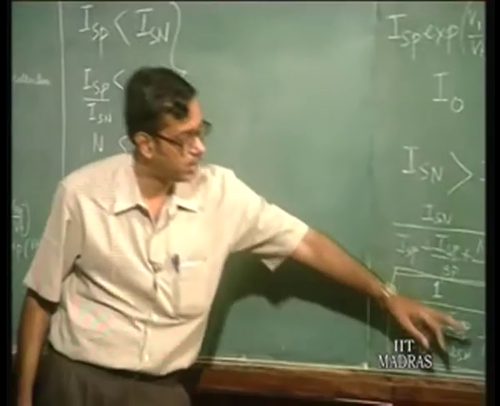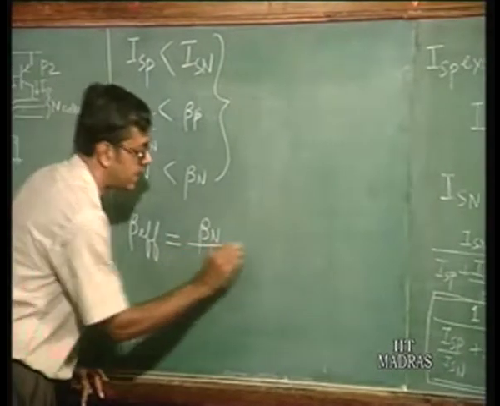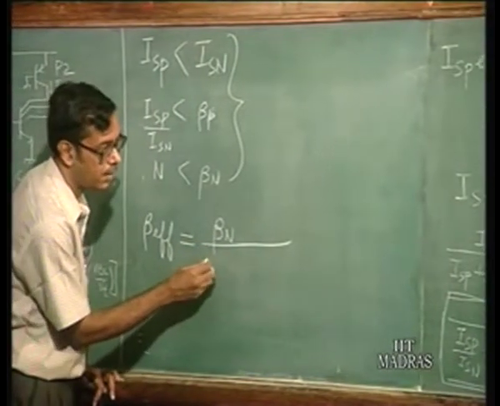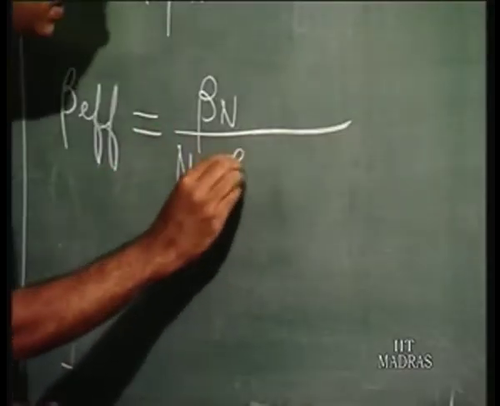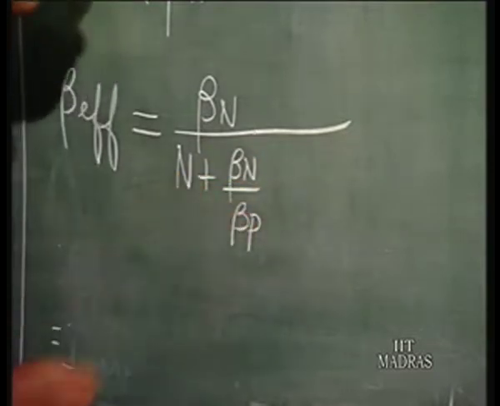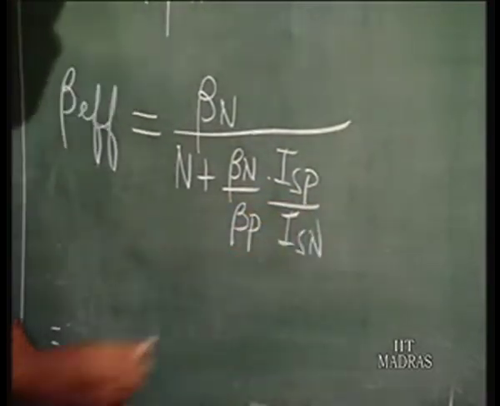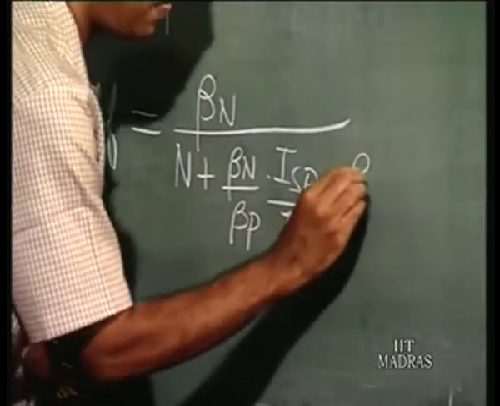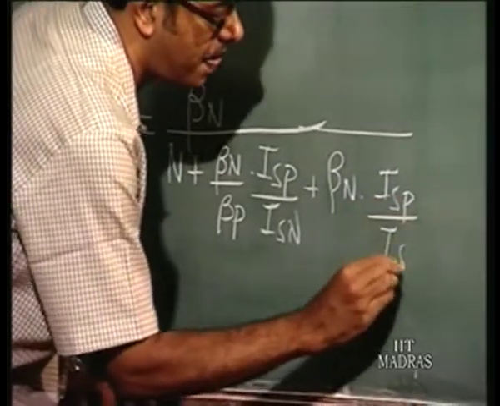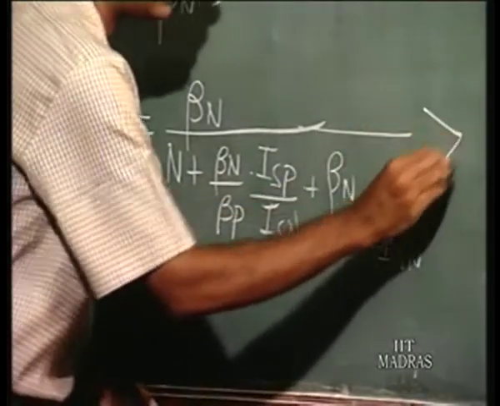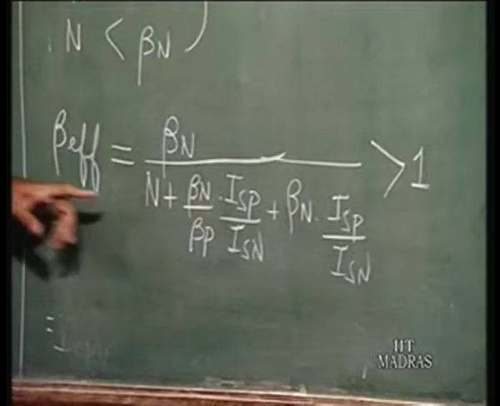If here you multiply both the numerator and denominator by beta n, you have beta n by n plus beta n by beta p, ISP by ISN, plus... This must be greater than 1 also. This is called the beta effective, this term.